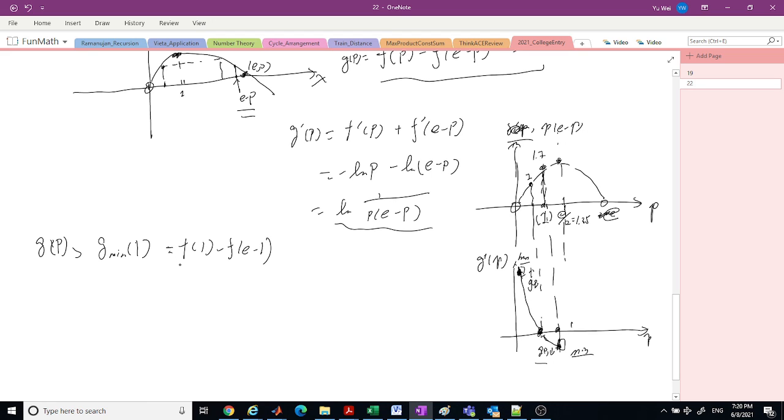Okay, so what is f(1)? f(1) is where the largest value is, right? So of course it is greater than 0, right?